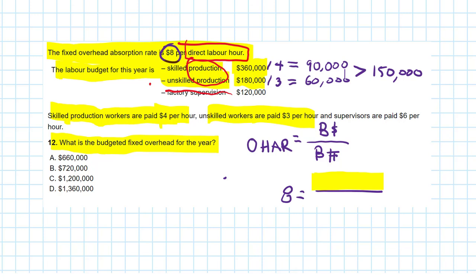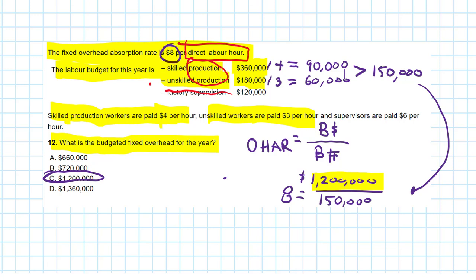So guys, the solution is so close. We need to plug the total hours into the denominator. Now, if we multiply the 8 by the 150,000, we can arrive at the correct answer, which is $1,200,000. Answer is C.